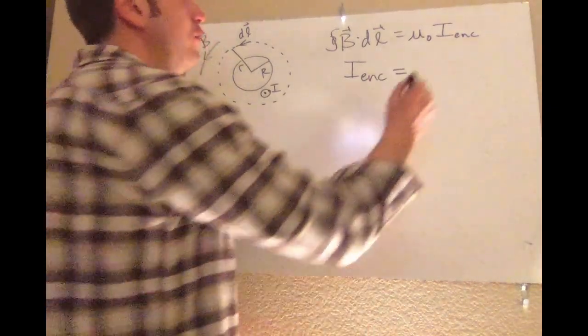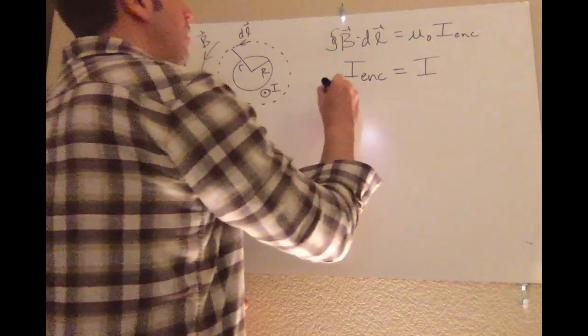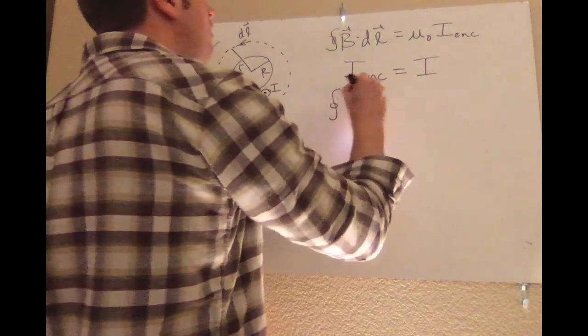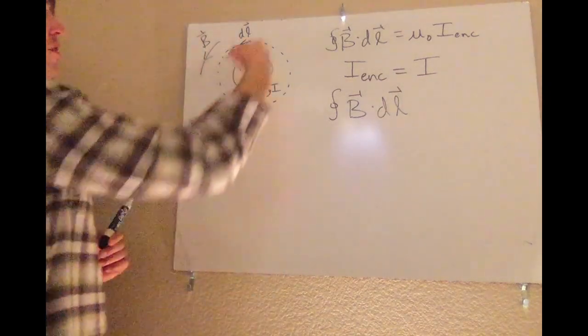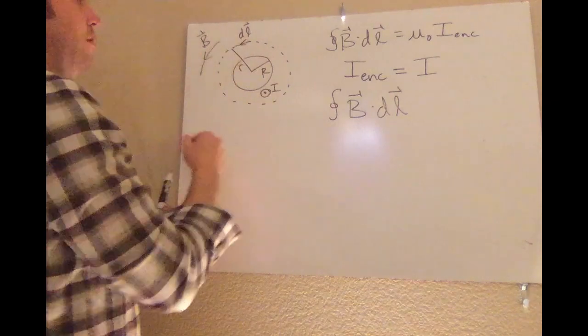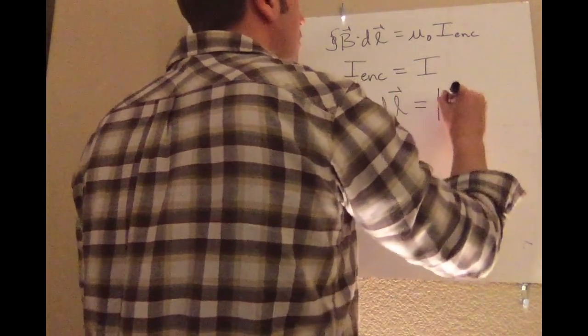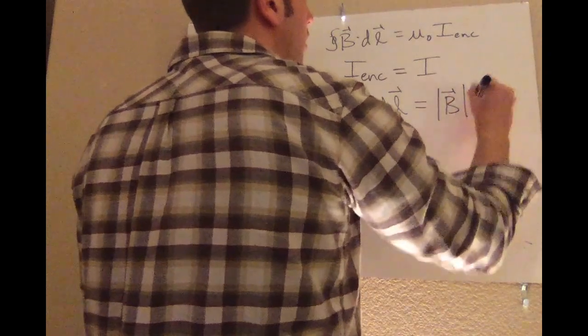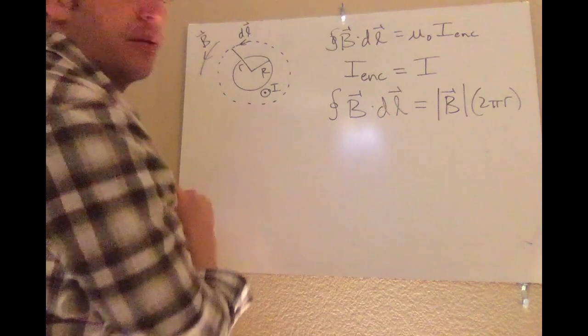So I enclosed is just the total current in that wire, so that's I. And another nice thing is that for B dot dl, we already know what this looks like. When you have your B field lines going in the same direction as the loop, and that's a circular loop like this, B dot dl just works out to magnitude B times 2 pi r. Okay, so we already went through why that works out.